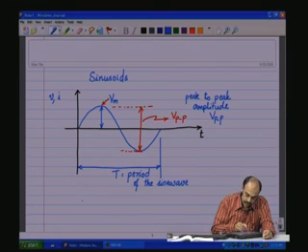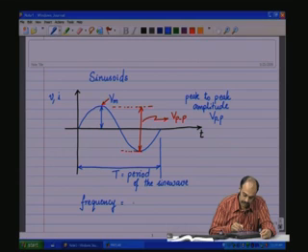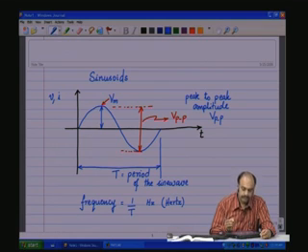Now, let us say the frequency. The frequency at which this sine wave repeats is nothing but 1 by T, and this is in hertz, Hz, after the famous scientist Hertz.